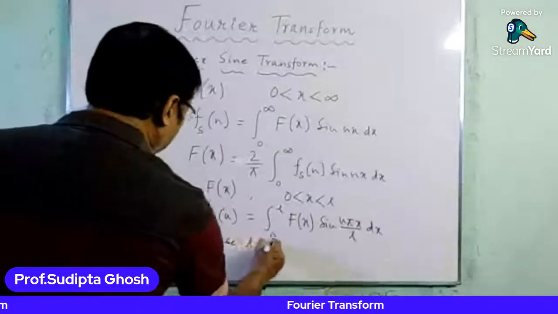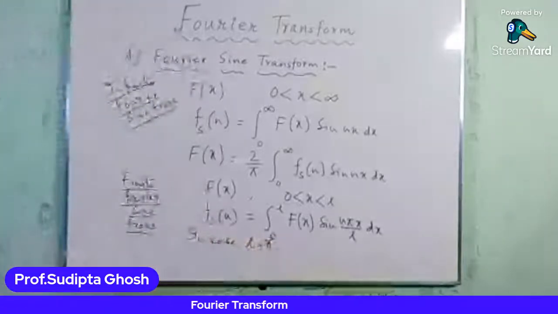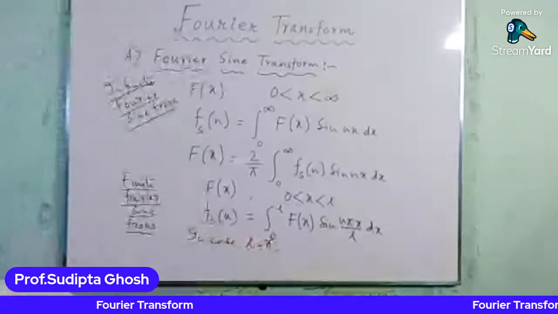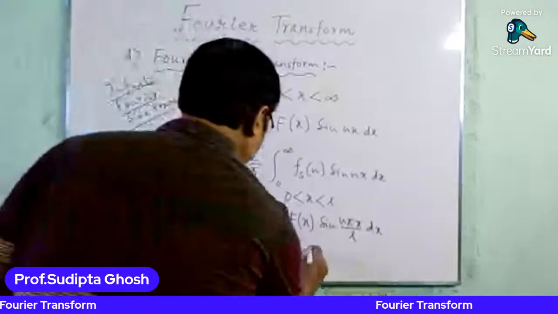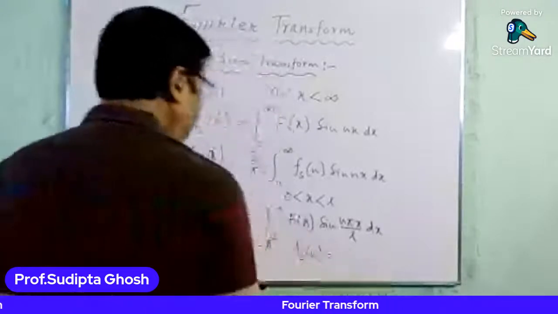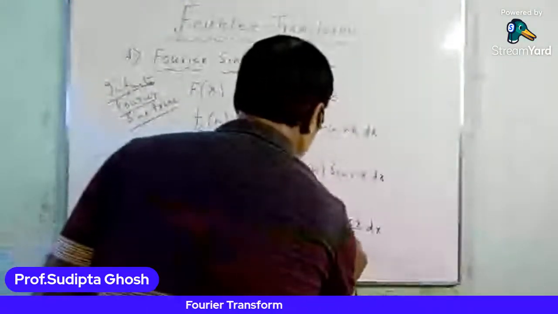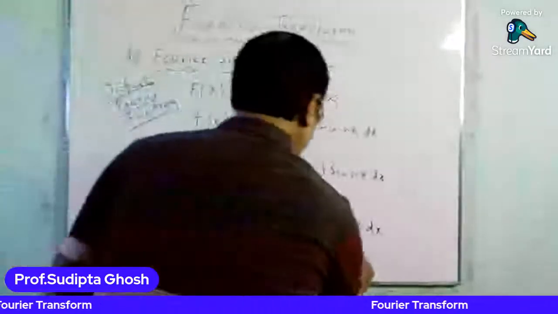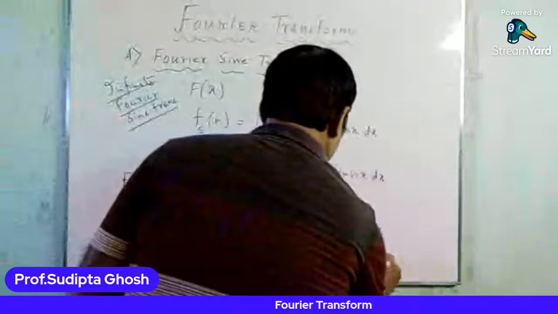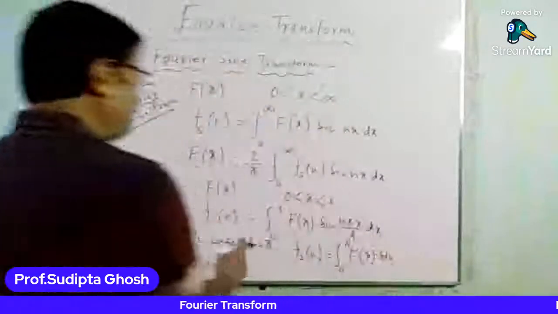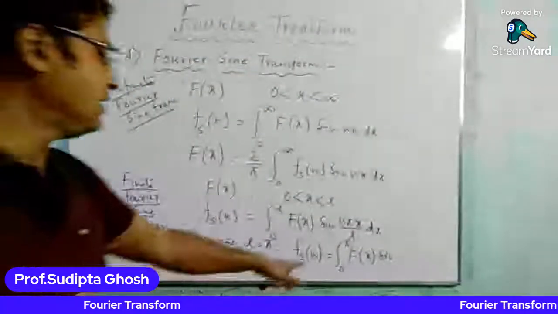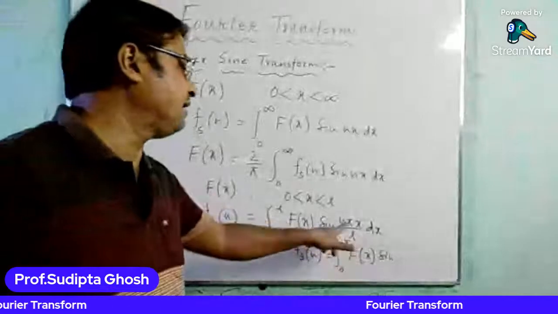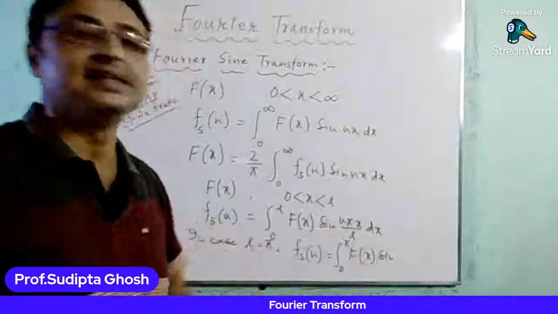Now in case L equals pi, then Fs(n) will be, just put the value of pi in place of L, and we have f of x sine nx dx.